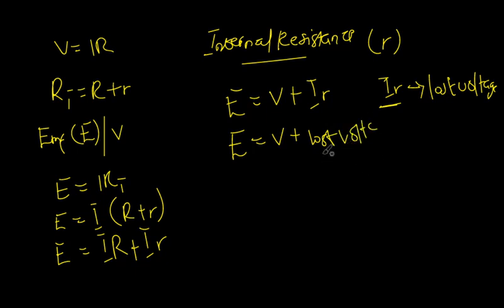This is the relationship between the EMF of a cell, the voltage, and the lost voltage. In case you are asked to find the lost voltage, all you need to do is get the current that is flowing through the circuit, and then multiply it with the internal resistance, and then you get your lost voltage.